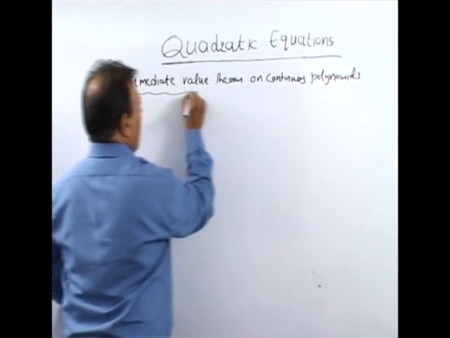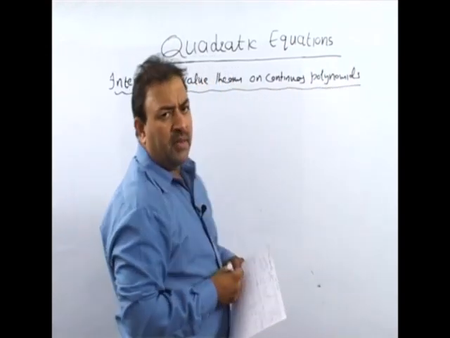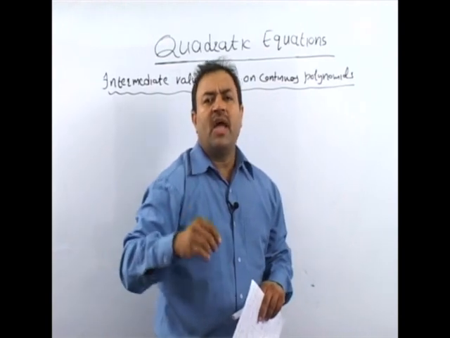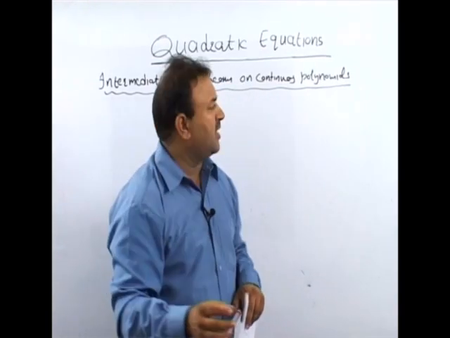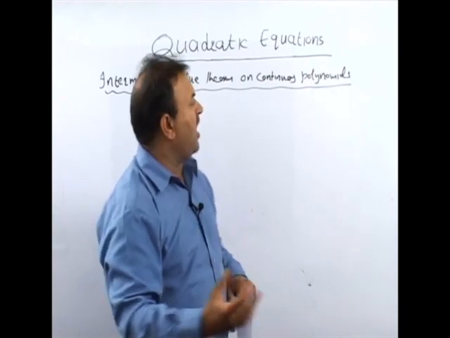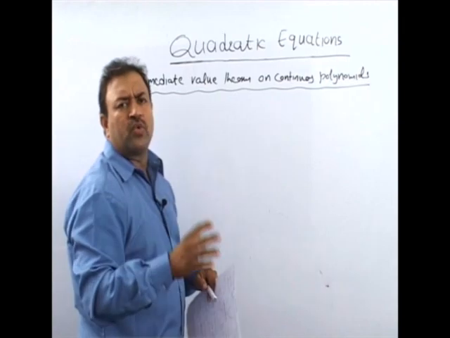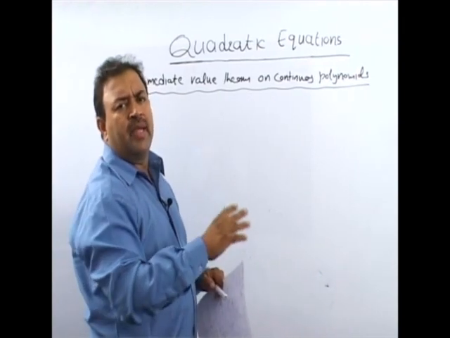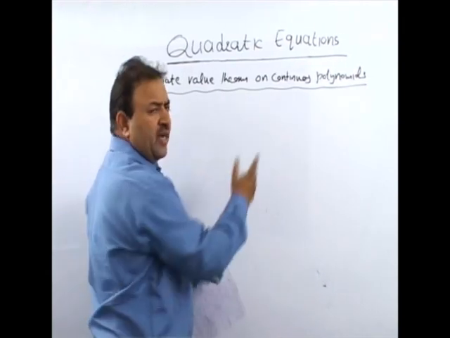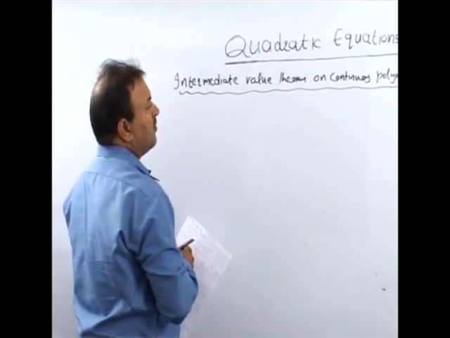Although we are doing the topic quadratic equations, this theorem is applicable on quadratic equations, on cubic equations, and other polynomials also. Most of the questions we are going to get in competitions will be on quadratics only, but this theorem is applicable on all polynomials.